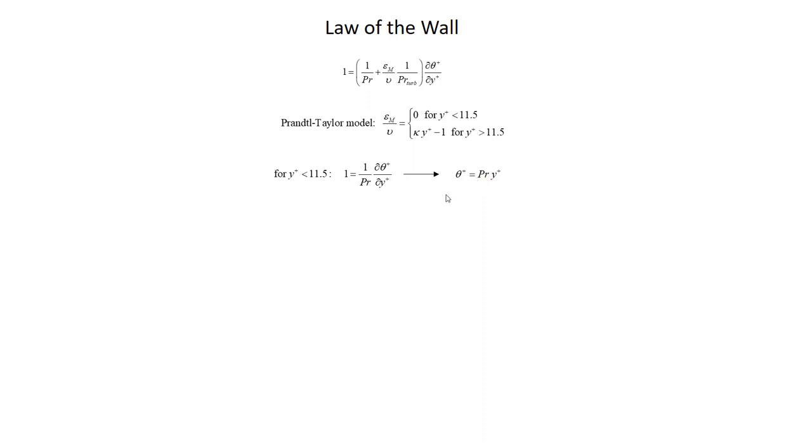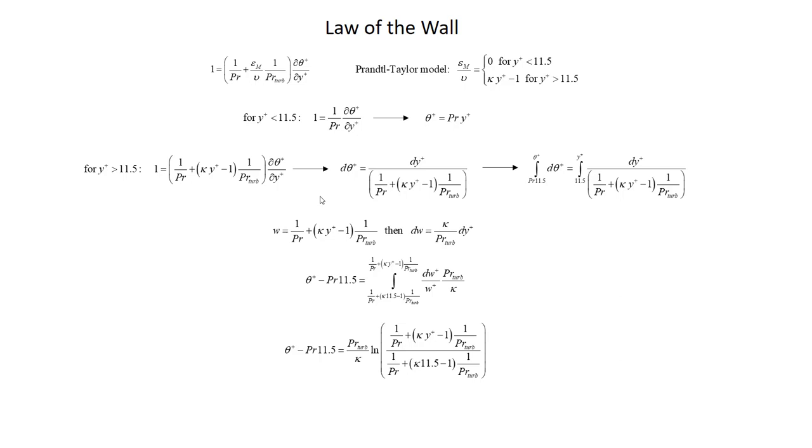If I move out beyond 11.5, I have to do a little more algebra, but it's not too bad. Beyond 11.5, I substitute this part of the model in here, and that gives me this differential equation. I'm going to separate and integrate.